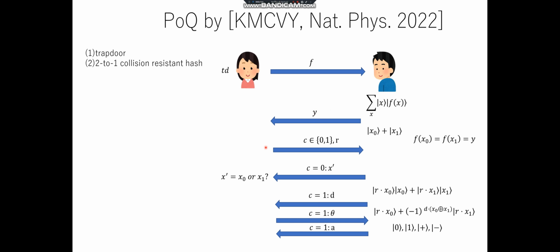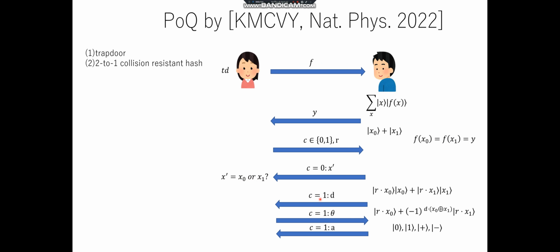Then the verifier sends a single bit C, which is a challenge bit, and also a random bit string R to the prover. If C equals 0, the prover measures this state in the computational basis and returns the result to the verifier. Because the verifier knows the trapdoor, the verifier can compute x0 and x1, and the verifier accepts if x prime is equal to x0 or x1.